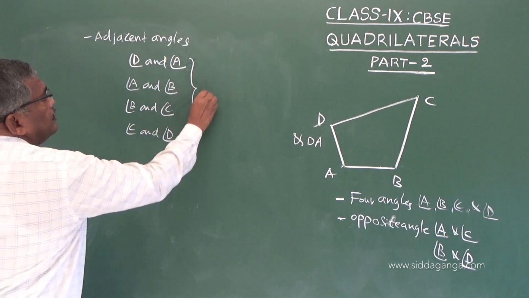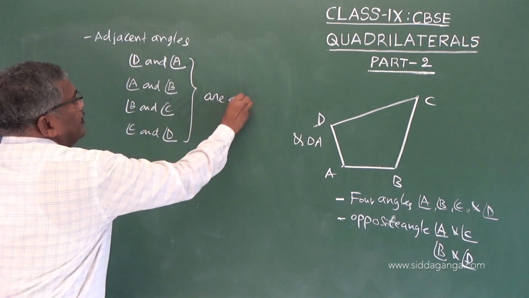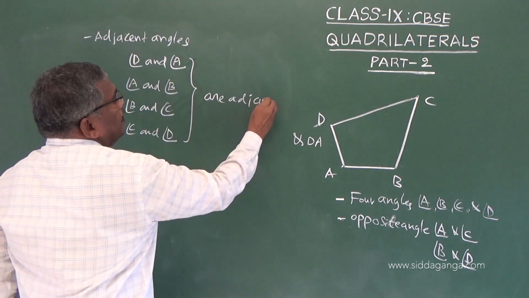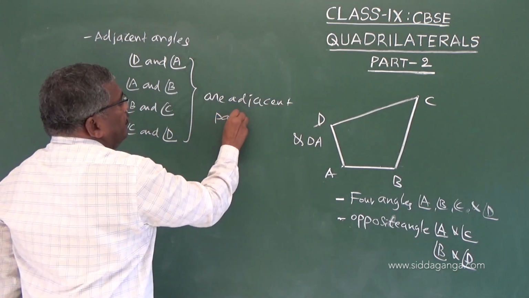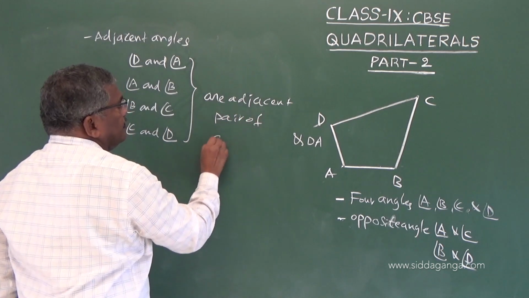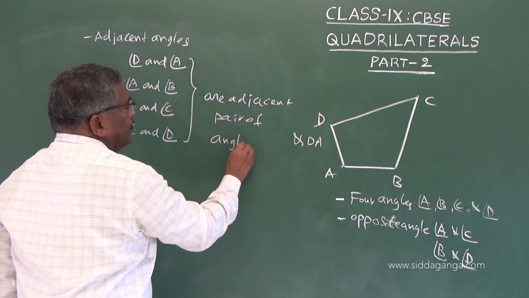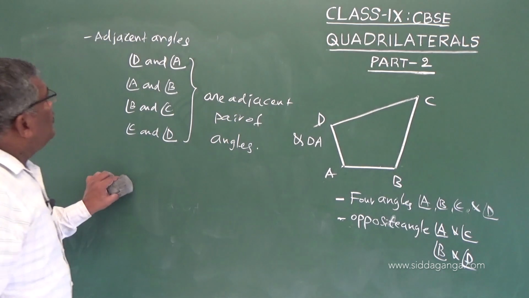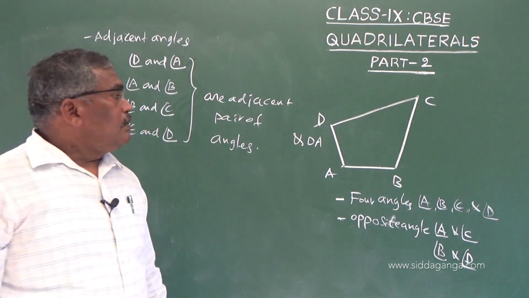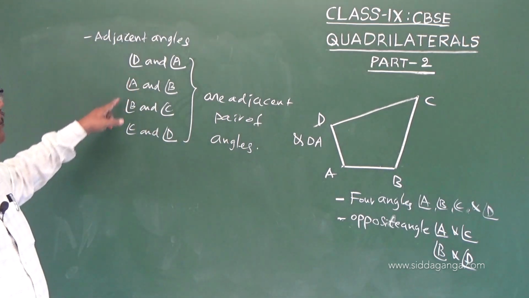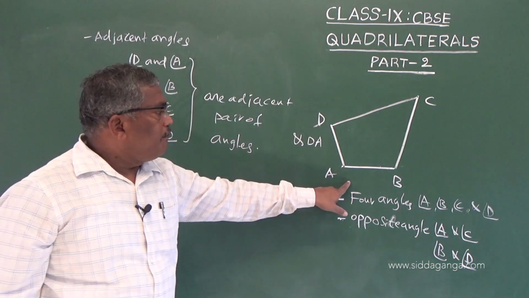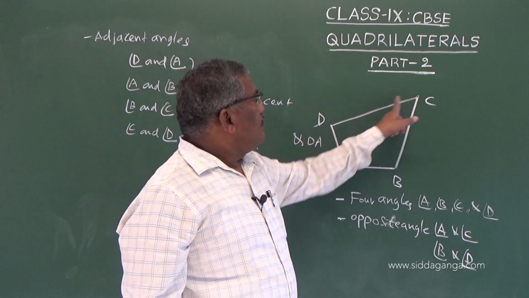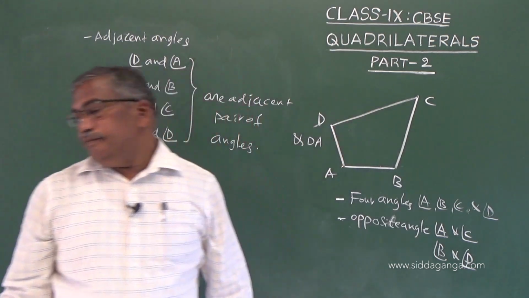So, these are adjacent pairs of angles. So, there are four pairs. It may be DA, AB, BC or CD.